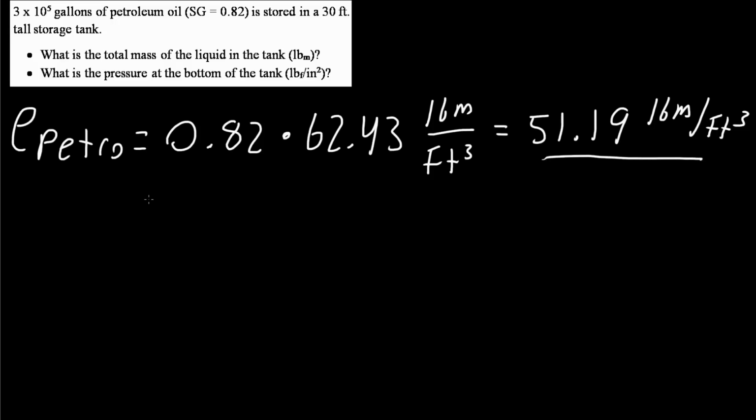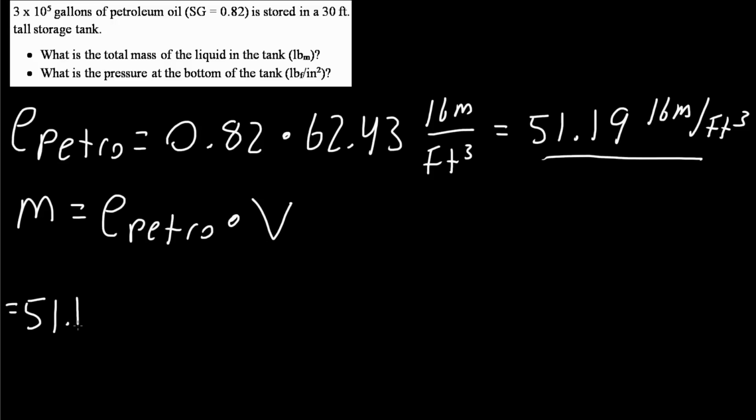Now it should be the easy part, because we know that mass is equal to density, in our case density of petroleum oil, because we want to find the total mass of the liquid, which is petroleum oil. So density of petro times volume. Density of petro was 51.19 pound mass over feet cubed, and our volume is in gallons, so we have to do some slight conversion.